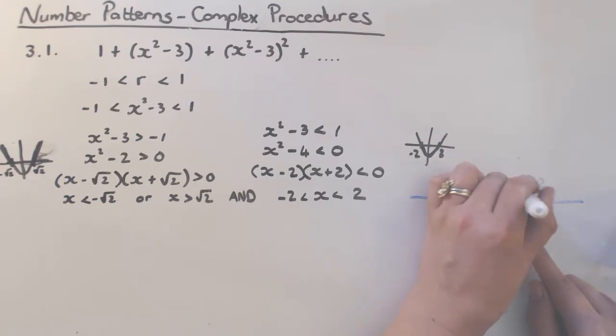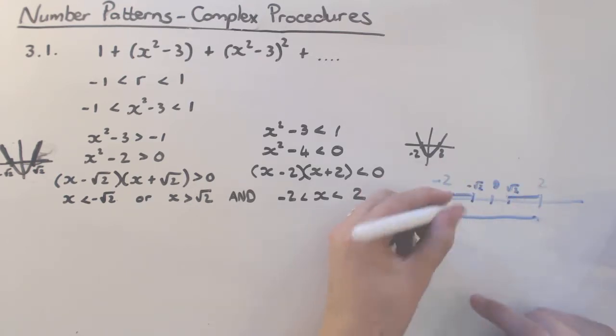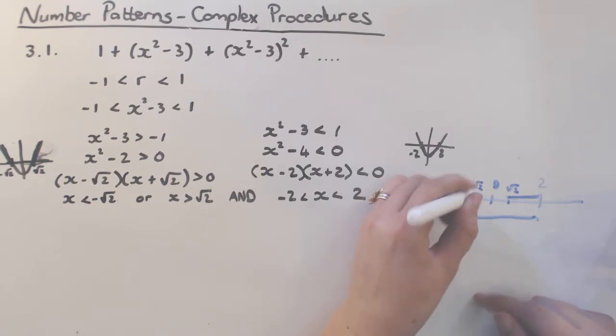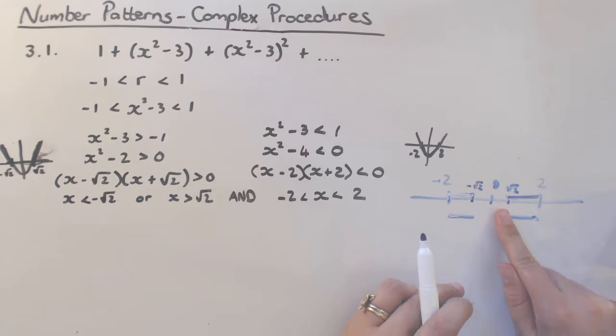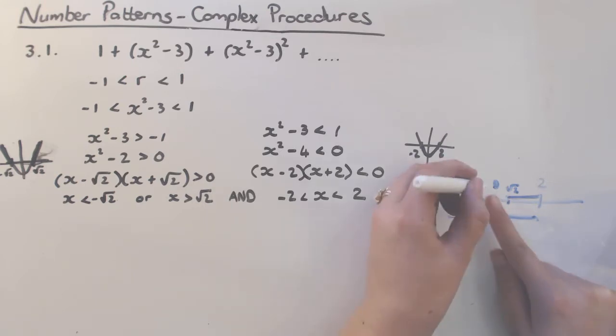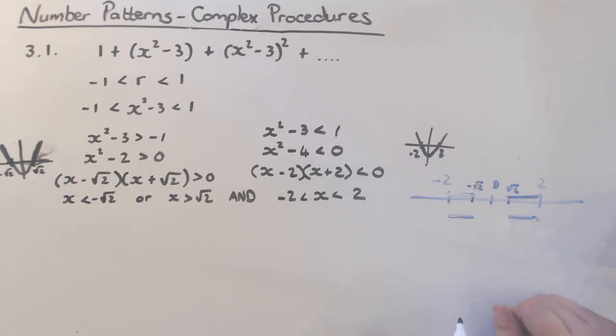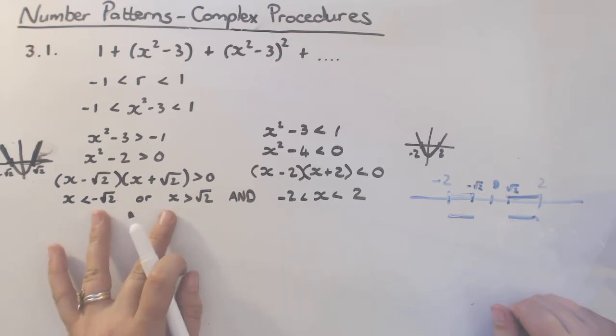So can you see the places where x is valid for both things is this bit there and this bit there. Right. So that's actually not going to work because it doesn't work for that limitations.